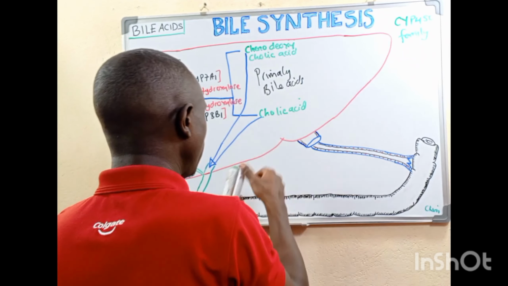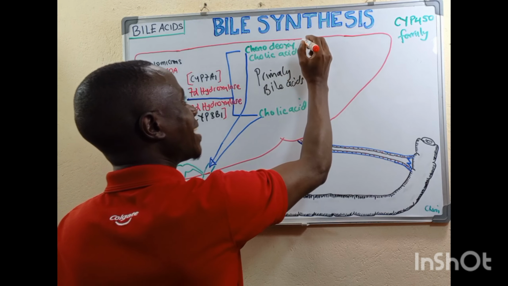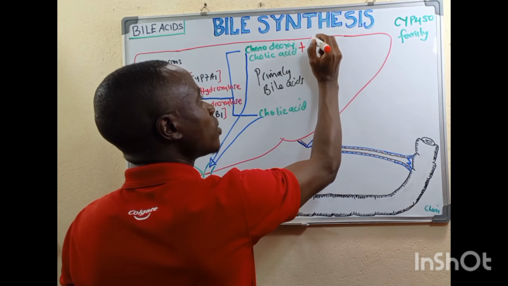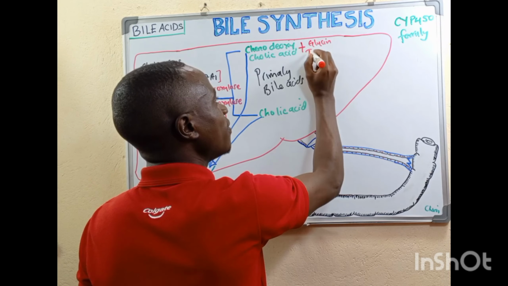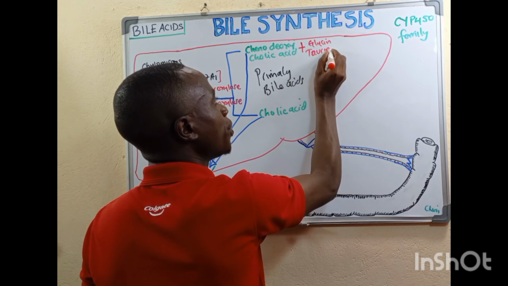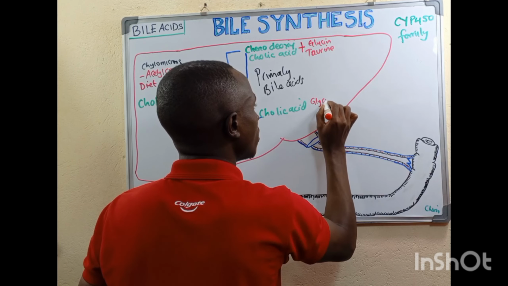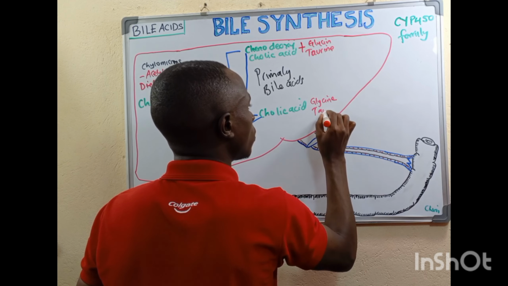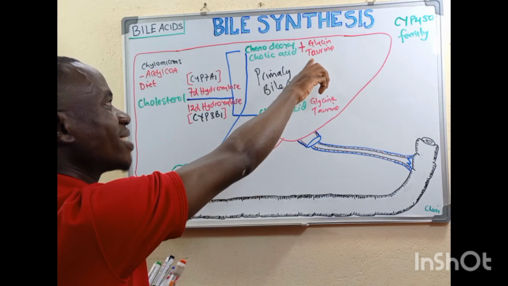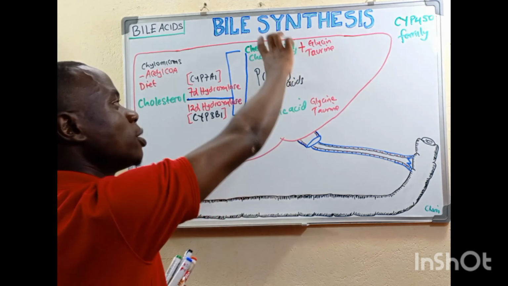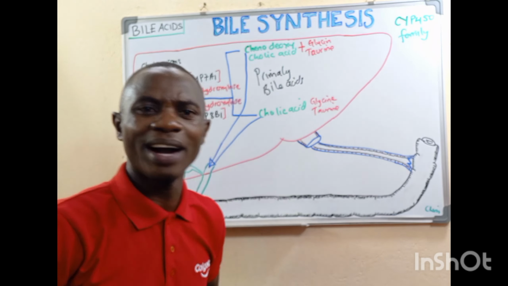What the liver does is that to this chenodeoxycholic acid, the liver adds proteins like glycine and also taurine. So when the liver reacts these amino acids with these primary acids, we are going to be forming the conjugated primary bile acids.